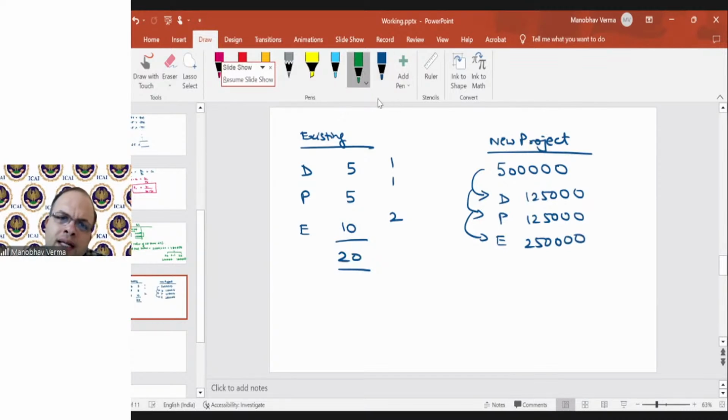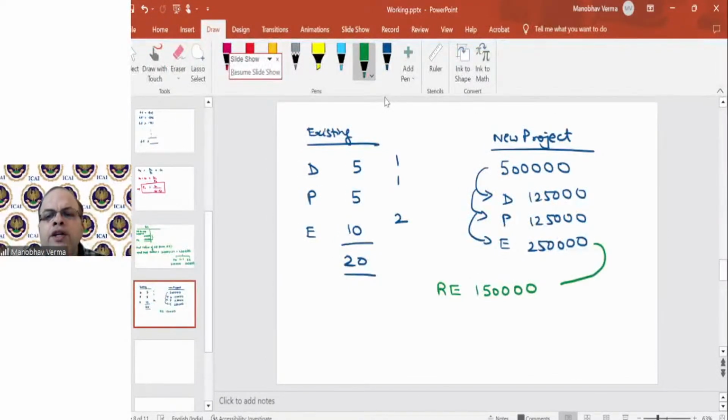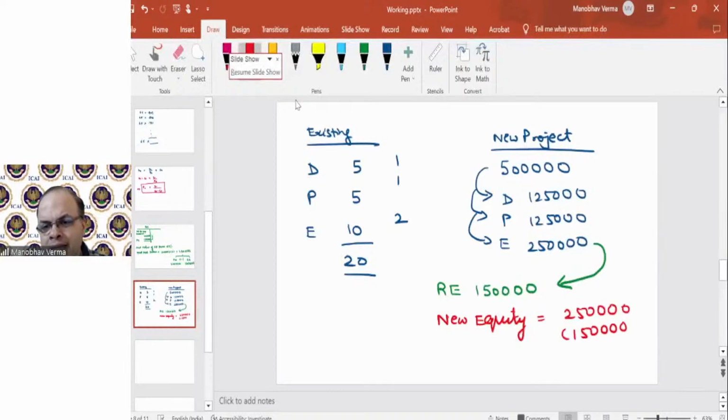And if I tell you that there is already retained earnings of 1,50,000 and the company wants to bring in a new project where 2,50,000 equity is required, the new equity to be raised is 2,50,000 minus the 1,50,000 you already have, which is only 1 lakh.